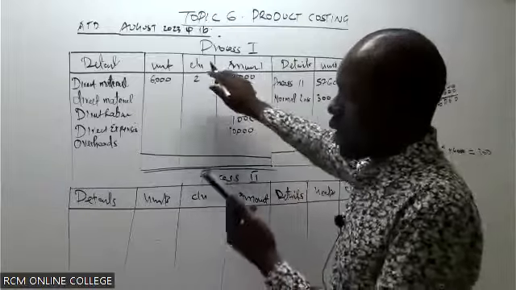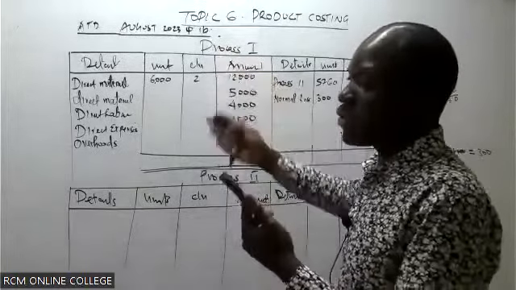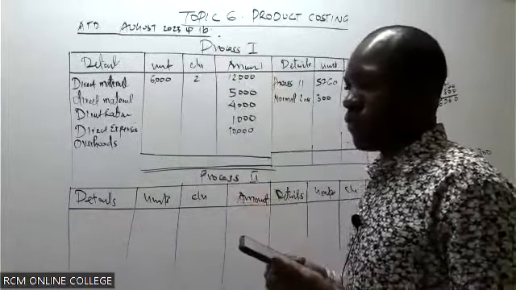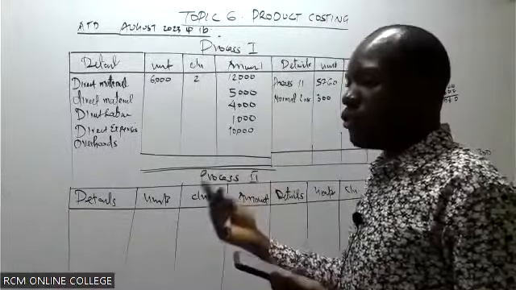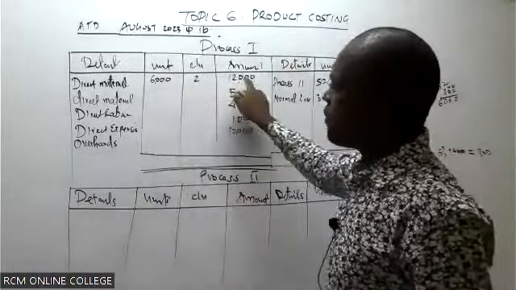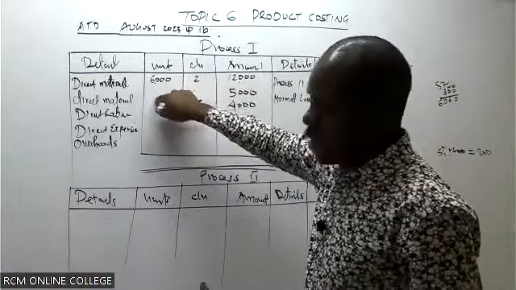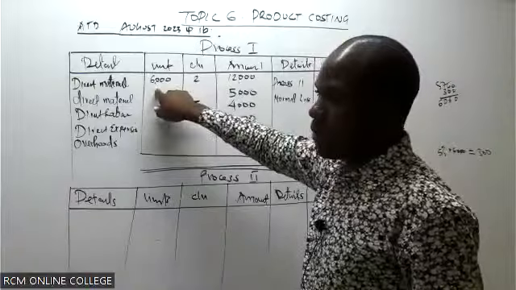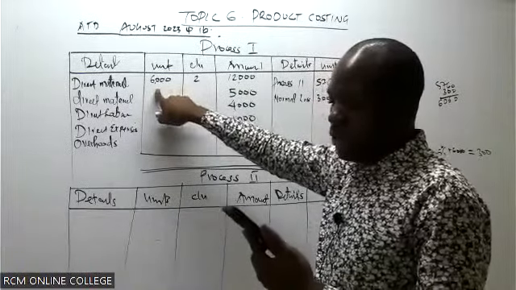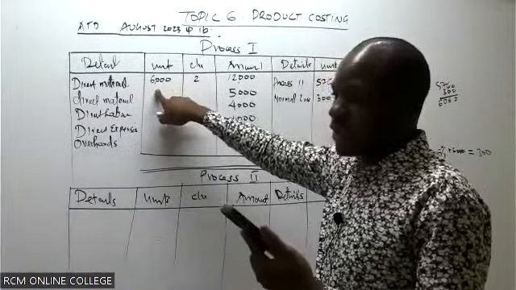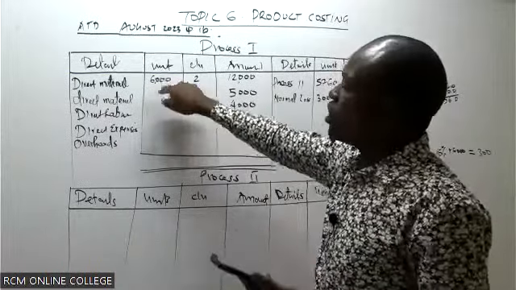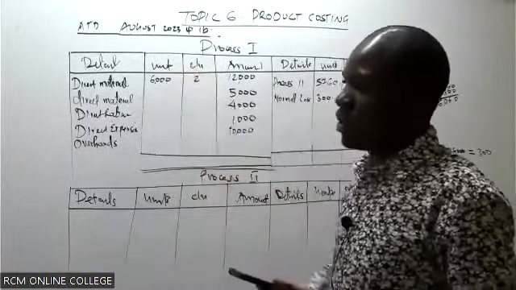How to get normal loss? Normal loss tumeambiwa ni 5% of input. 5% of input of units, not the value of units. It is 5% of the units that were brought in. Are you able to see direct material? 6,000 units. So what is 5% of 6,000 units?